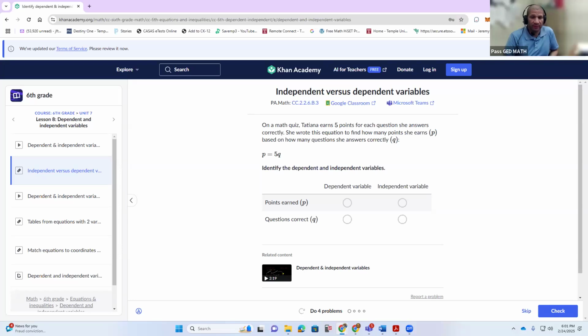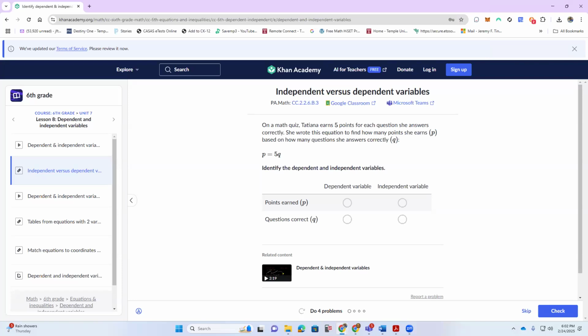On a math quiz, Tatiana earns 5 points for each question she answers correctly. She wrote this equation to find how many points she earns, P, based on how many questions she answers correctly, Q. P equals 5Q. Identify the dependent and independent variables. 25. You got 25. So points earned is 25.